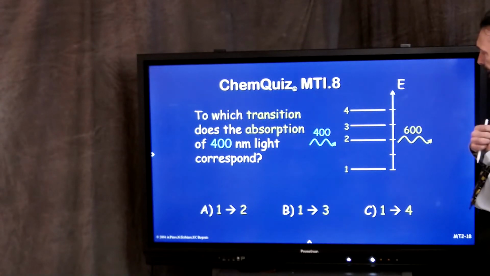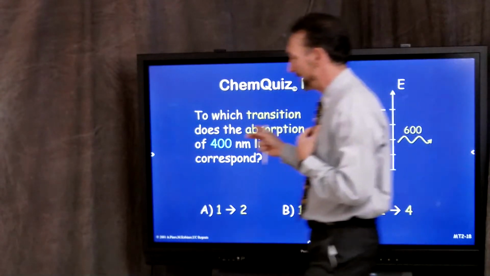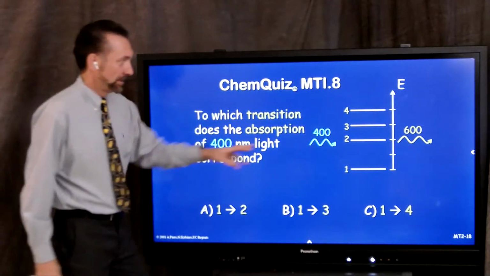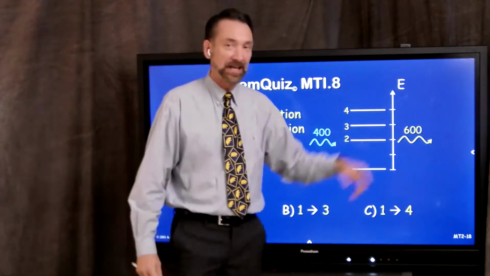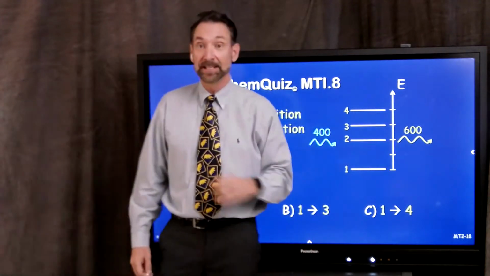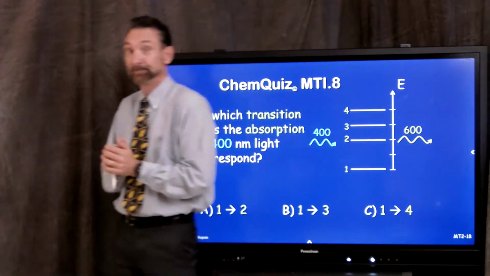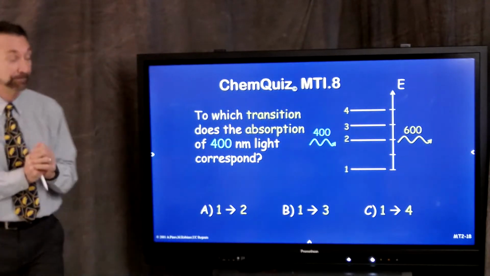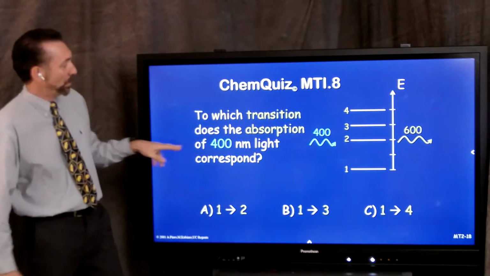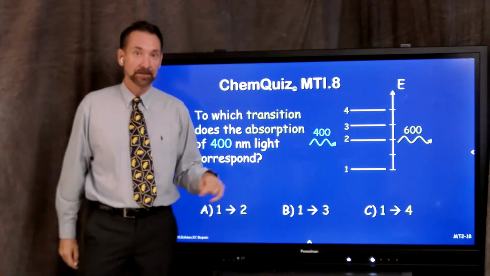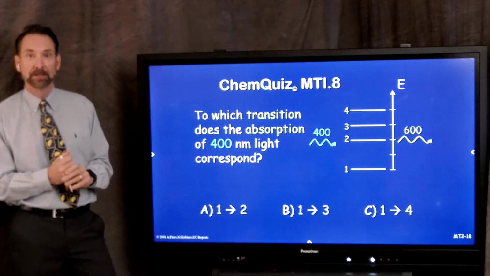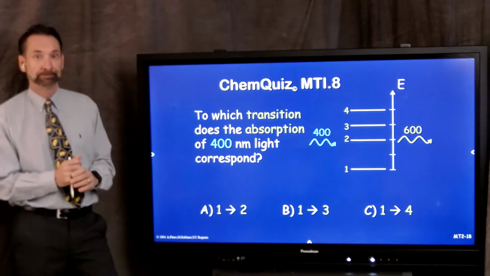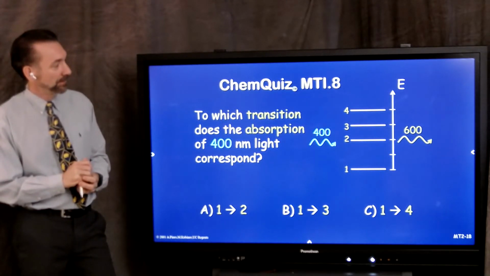This absorption occurs from level 1 to level 4: a blue photon at 400 nanometers is absorbed, and a 600 is emitted. Those are both possible events. So which corresponds to the interaction with the 400 nanometer light? Let's talk about it.